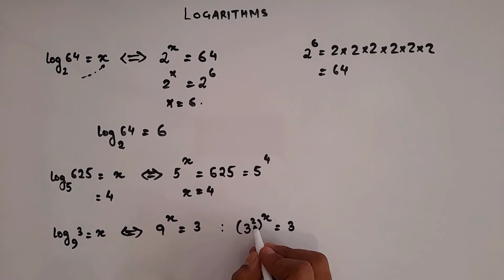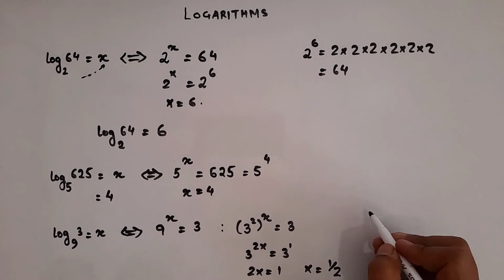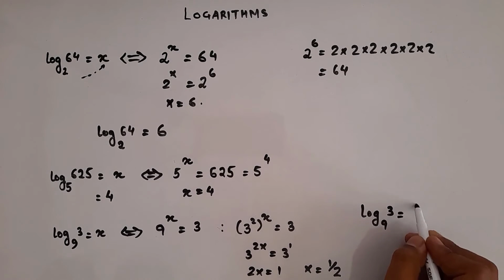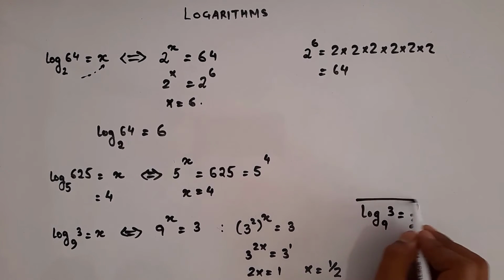Now we have a power raised to the power of another power, so that will become simply 3 raised to 2x equals 3. On the right hand side the exponent of 3 is simply 1. Now if we equate it, that gives us 2x equals 1, and solving for x, we get x equals 1 over 2. So that means the logarithm of 3 to the base of 9 must give us 1 over 2.